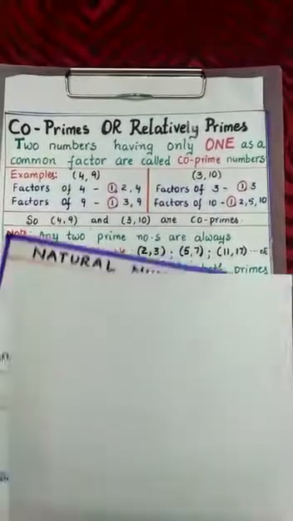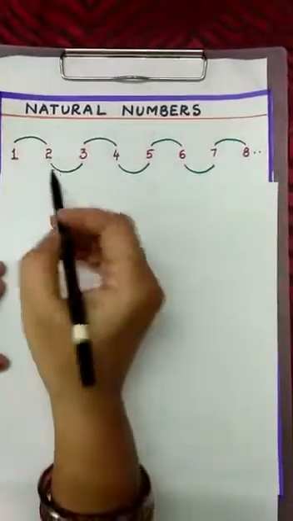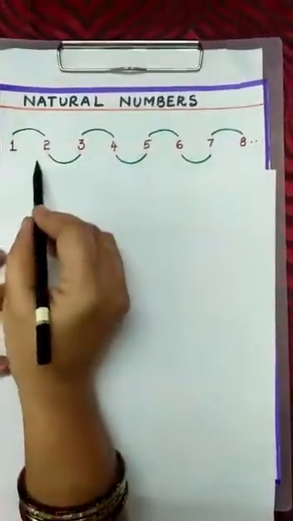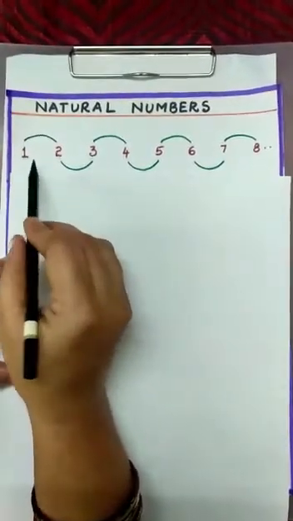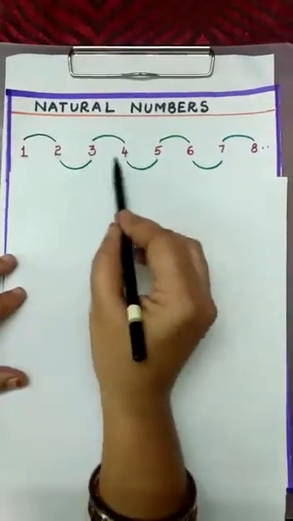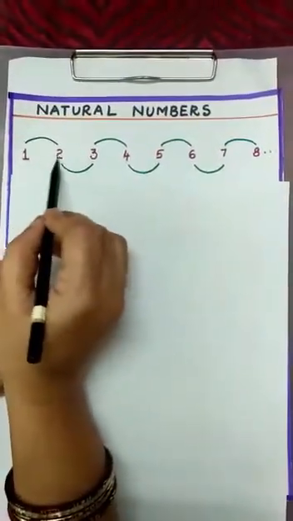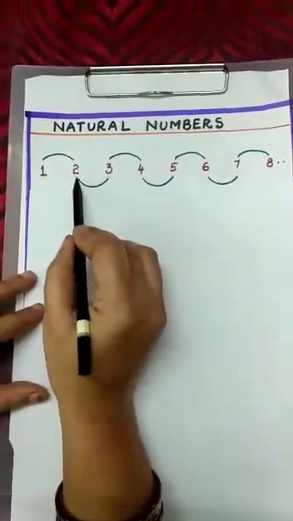Now here, as you know, natural numbers are 1, 2, 3, 4, 5, 6, 7, 8. If you take any two consecutive natural numbers, consecutive means continuation. 1 and 2 are consecutive, 2 and 3 are consecutive, 3 and 4 are consecutive, like that. If you take 1 and 2, the factor of 1 is 1, and the factors of 2 are 1 and 2.